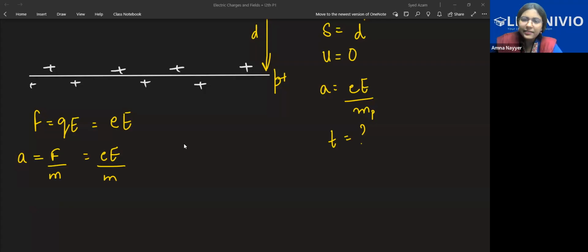See, s is d, initial speed is 0, acceleration is eE by mp. We have to get the time period. That's what the question said. What's the time period for the proton to reach the opposite end? I am asking, among the uniformly accelerated equations, which is suitable, which we should apply?